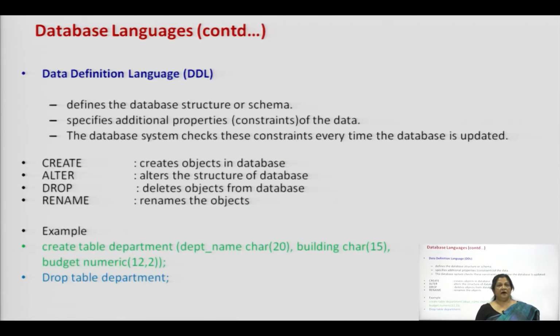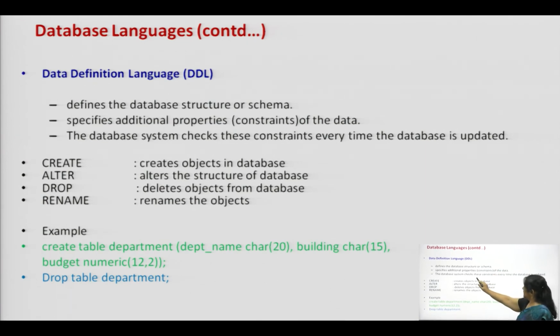Now, the data definition language, as the name specifies, is used to define the structure or the schema. That means it specifies the properties that are there for the various data in the database.